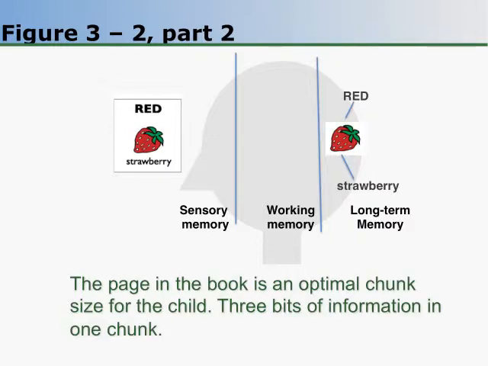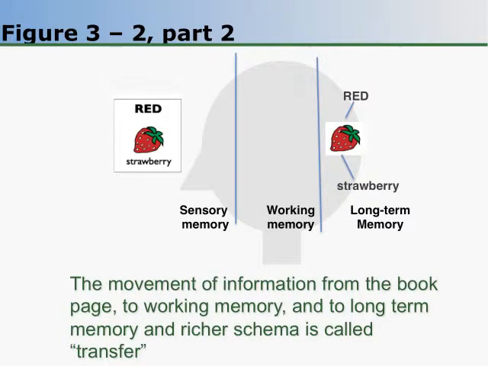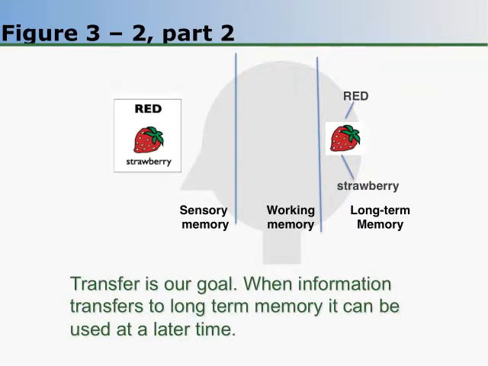So this page is an optimal chunk size for the child. You have 3 bits of information in one chunk. And the movement of information from the book page to working memory and then to long-term memory and richer schema is called transfer. And transfer is our goal. When information transfers to long-term memory, it can be used at a later time.